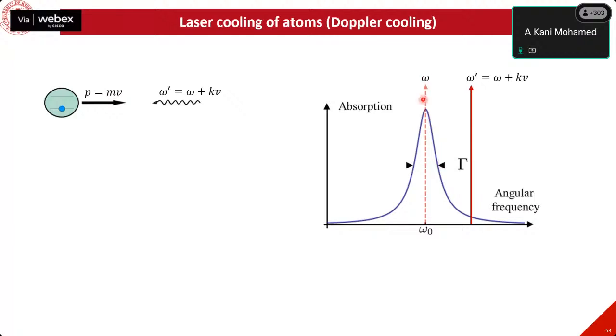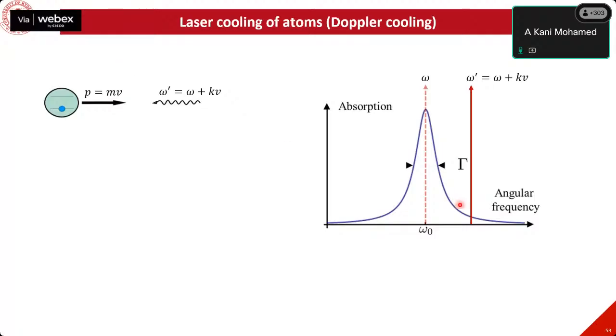So if we send light at the resonance frequency, the atom sees light which is slightly larger. Here the absorption is very little, so it is not going to effectively cool the atom.